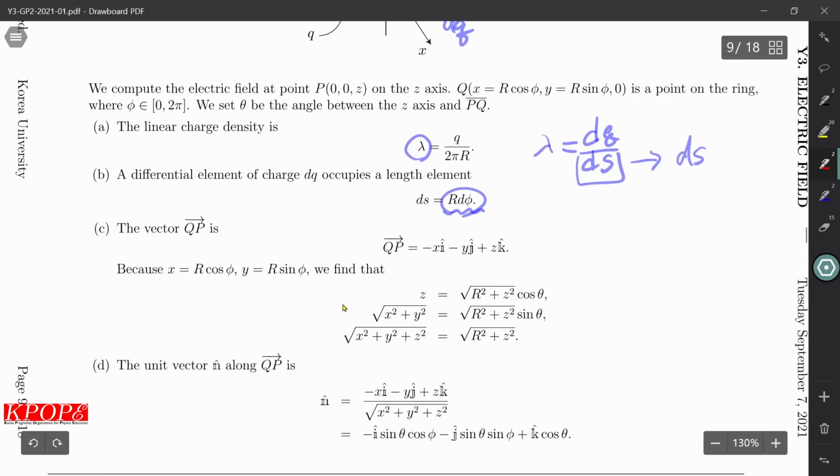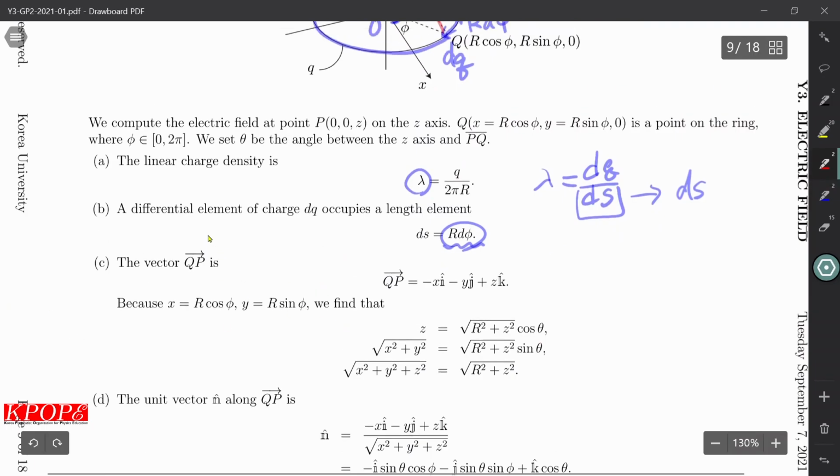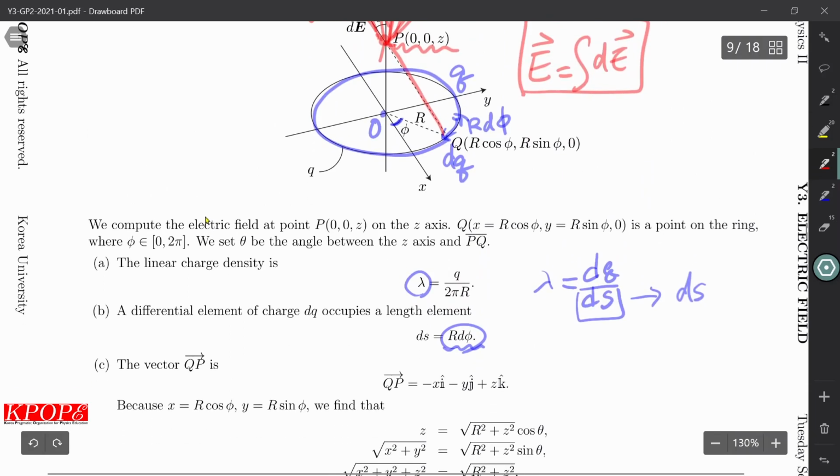So now QP: the point Q is the source point and P is the field point. Source and field.